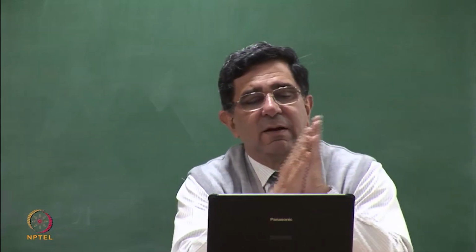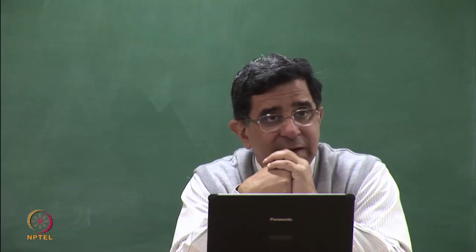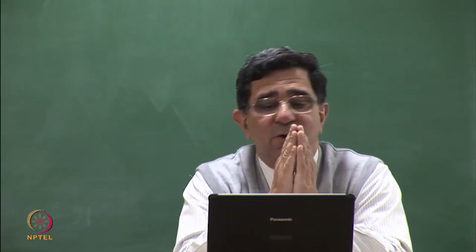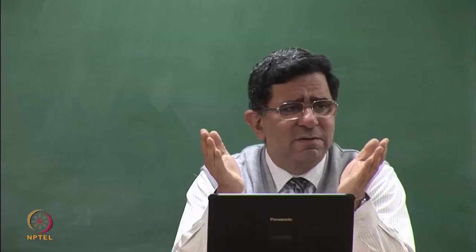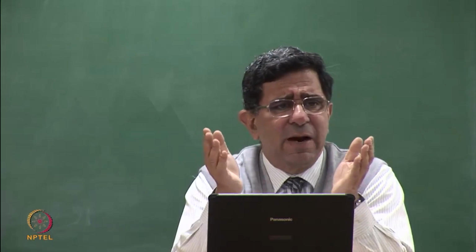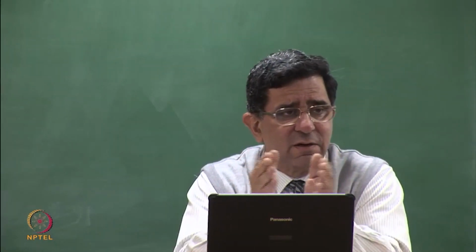Finally, we talked about advective breakthrough time, and we are now going to talk about diffusive breakthrough time. So advective breakthrough time was 10-11 years in compacted clay liners and a few months in GCLs.